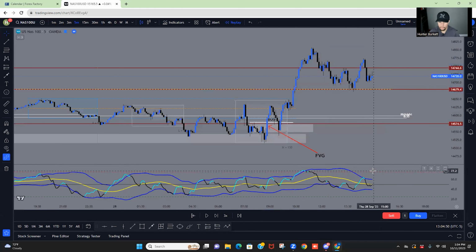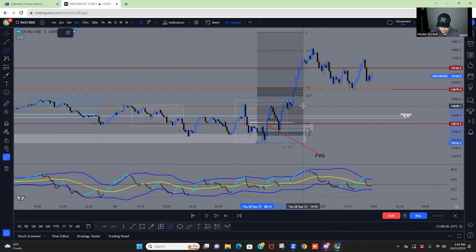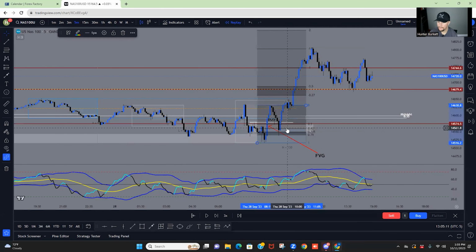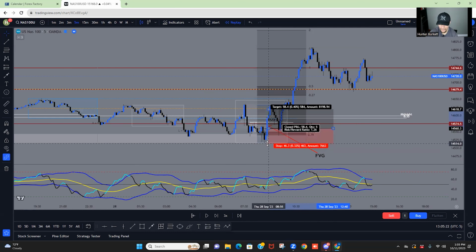Guys, as long as you see this, if you want to completely eliminate the guesswork of entries, put a fib on low to high and just tag the 62%. Just get in at 62%. That's it. Get in at 62%, and guys, your entry, your exit will be math every single time.